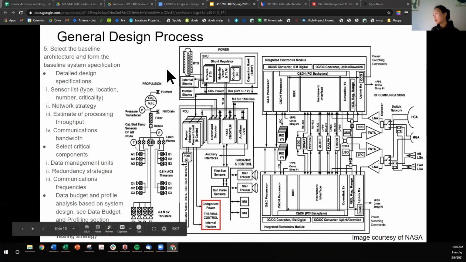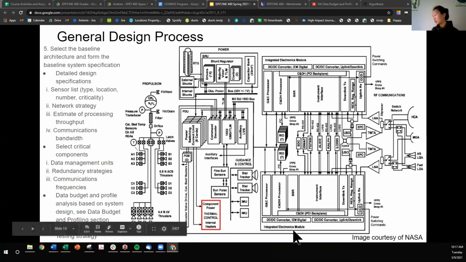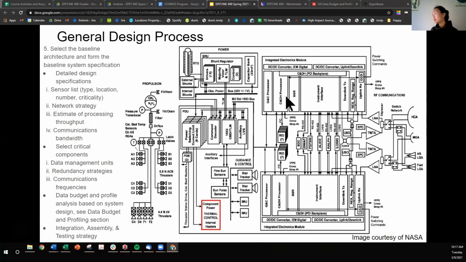This is a block diagram where the command and data handling section is pretty much this right side of the diagram. You can see there is a ton of different components that you're responsible for. Like the previous slide, there's an instrument interface.